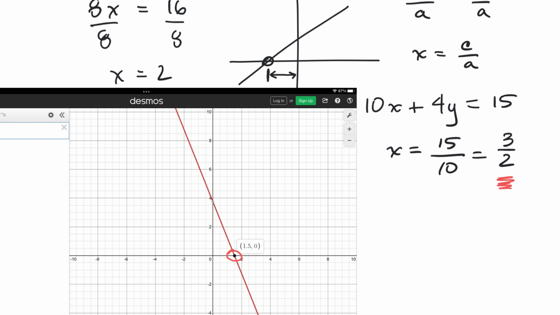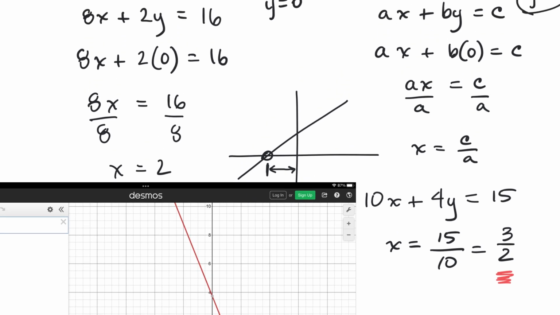So what we want to do is the same thing that we did right here, where we've got ax plus by equals c, and we plugged in y equals 0 and then solved for x. We came up with a general formula, x equals c over a.